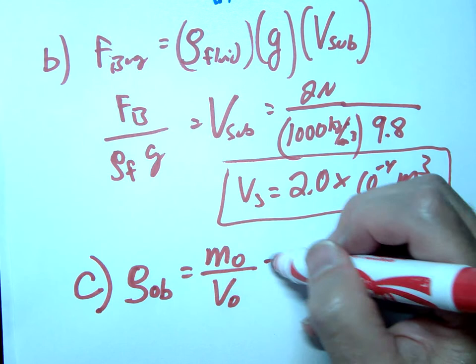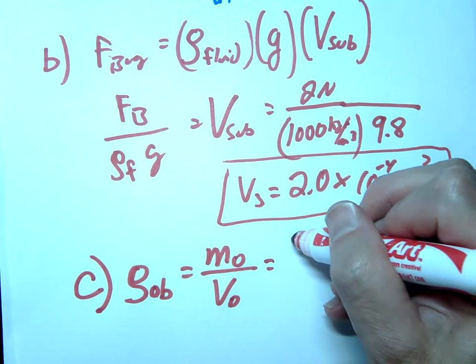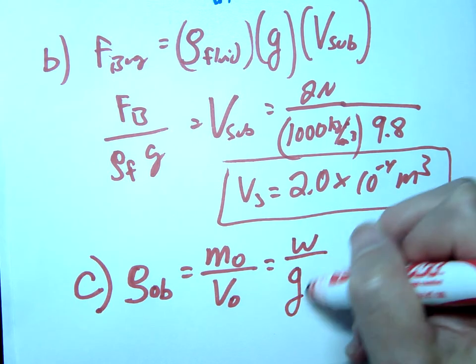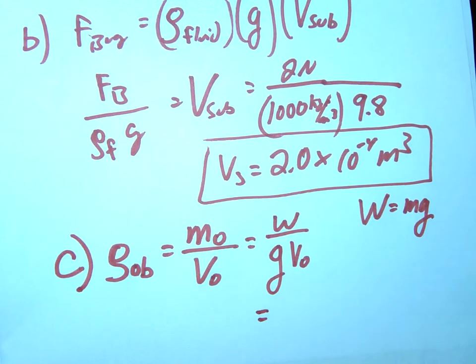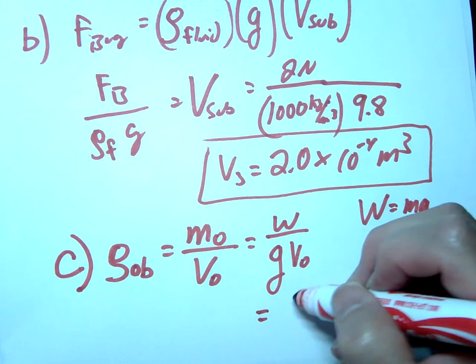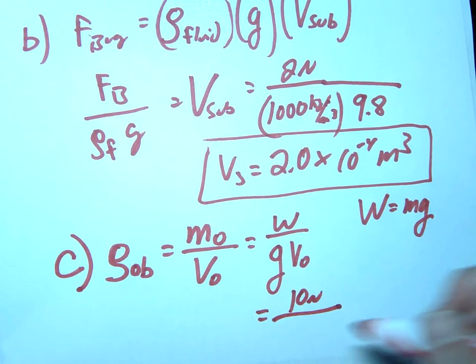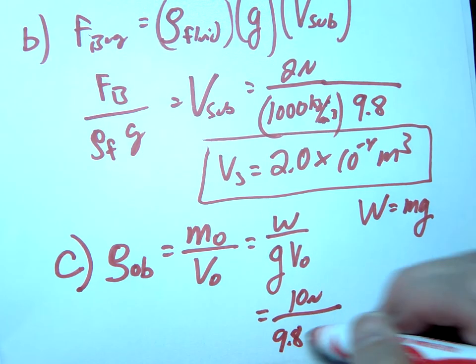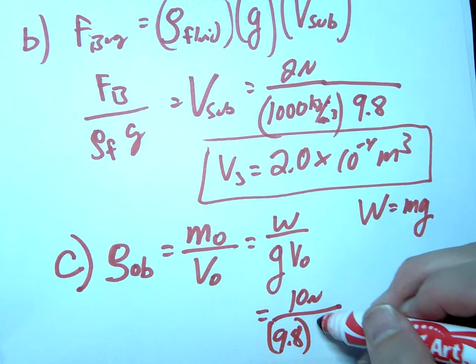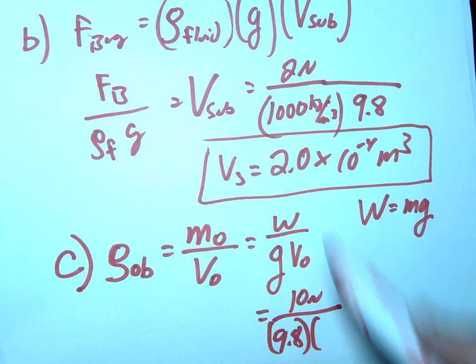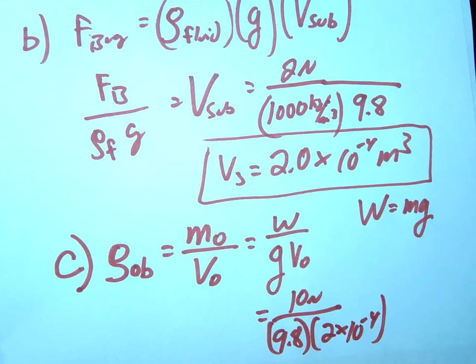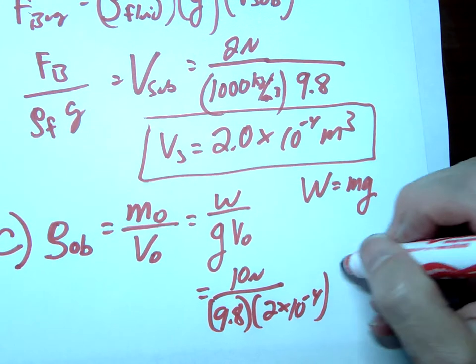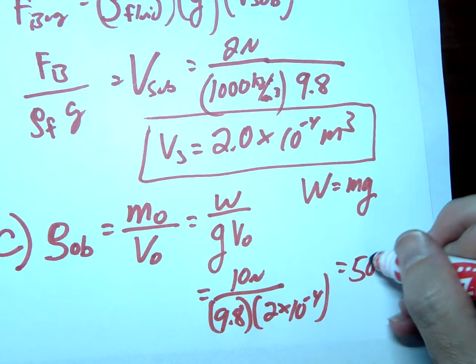So this should be the weight divided by g times V_O. So the weight was 10 newtons, the weight in air, divided by 9.8, or again, you could probably just use 10 there. And our V submerged was 2 times 10 to the negative 4th.